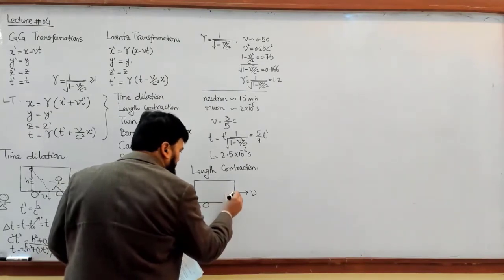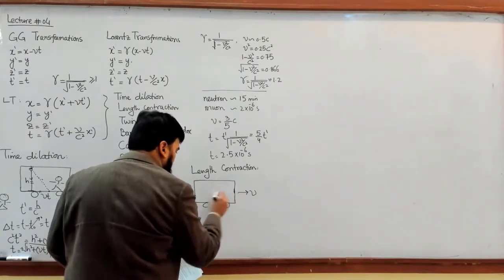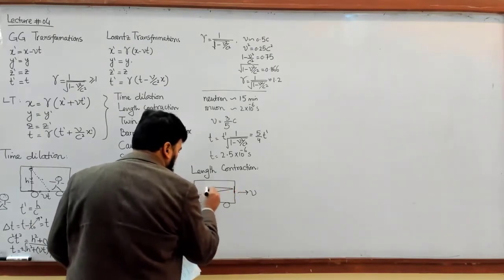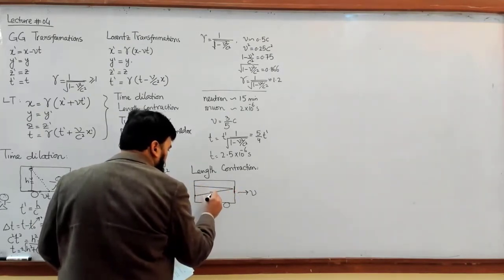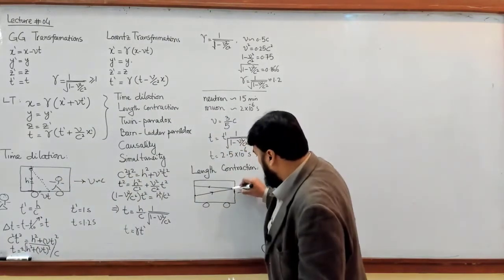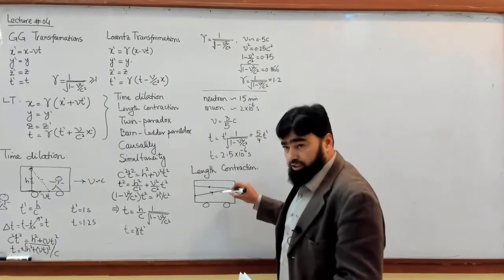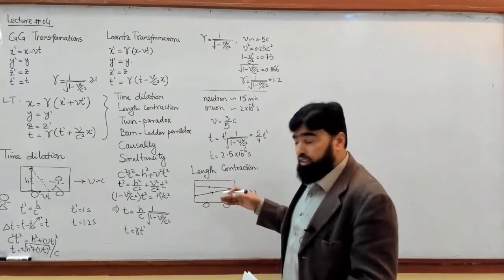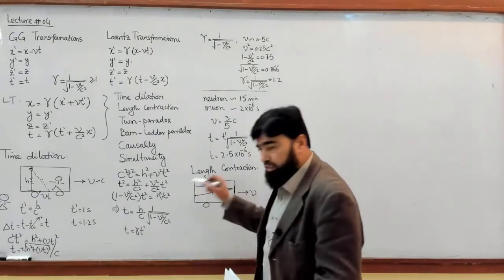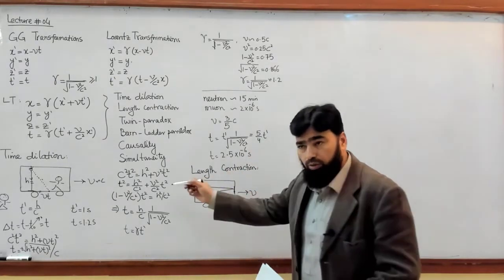The laser hits a mirror here, and then from here it comes back. Now I'm making it tilt just in order to see it. Otherwise, it is just like coming in a straight line and going back in a straight line.